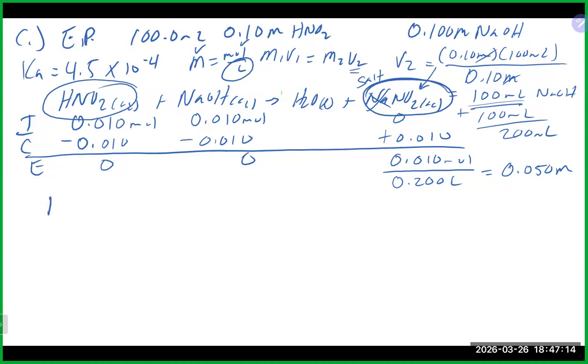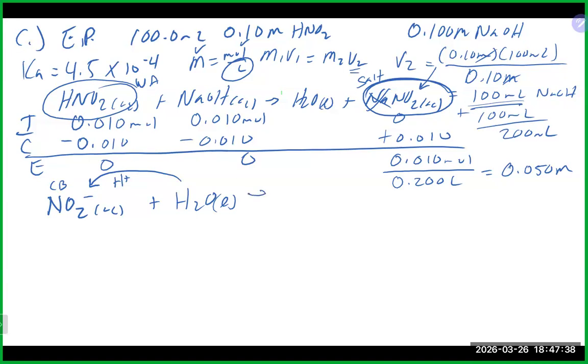So this is our double shot of ICE table here, right? So we're going to take the NO2 minus, which is the part of the salt that comes from the weak acid, and it'll go through hydrolysis. It will react with water. And once again, because it comes from a weak acid, it means it's going to react as a conjugate base, which means the Bronsted-Lowry definition of a base is it should accept the H+.